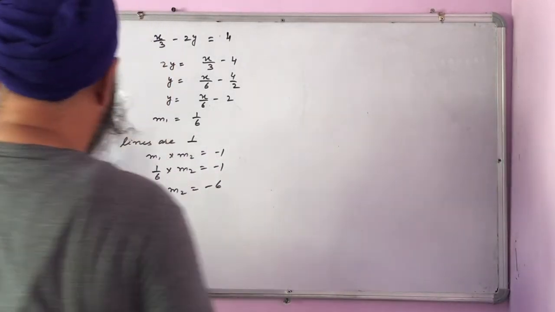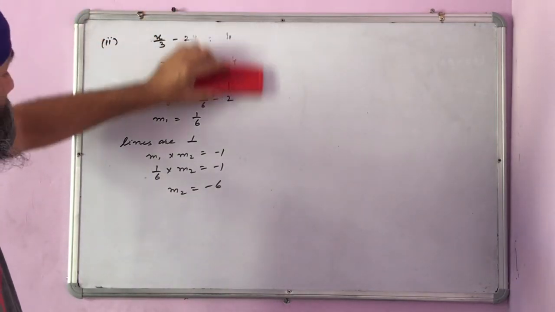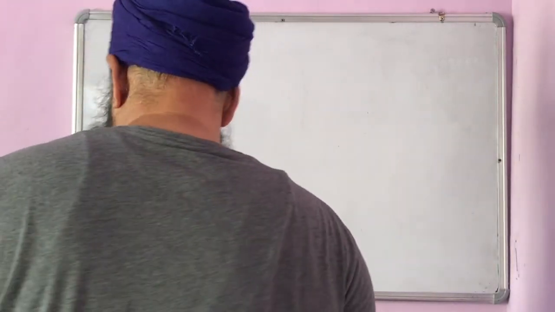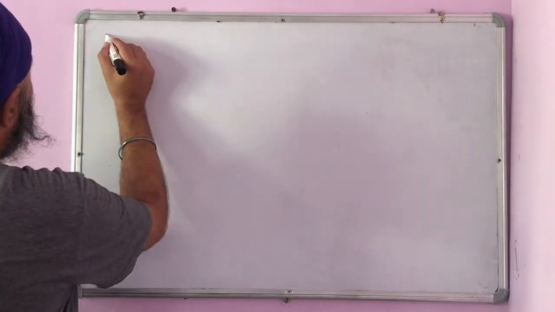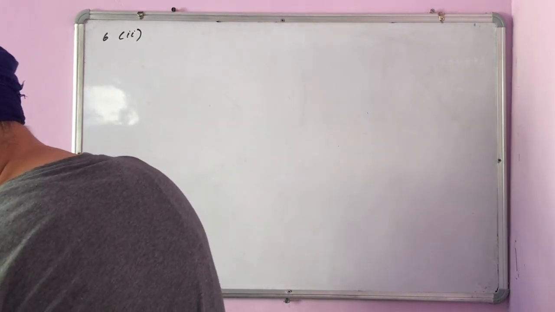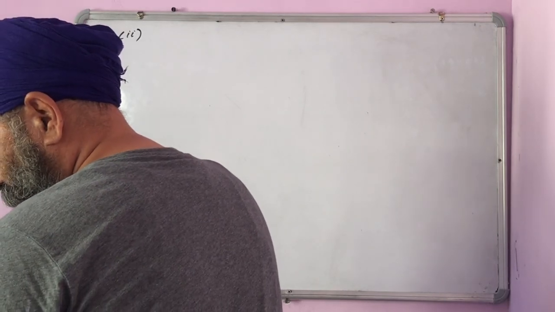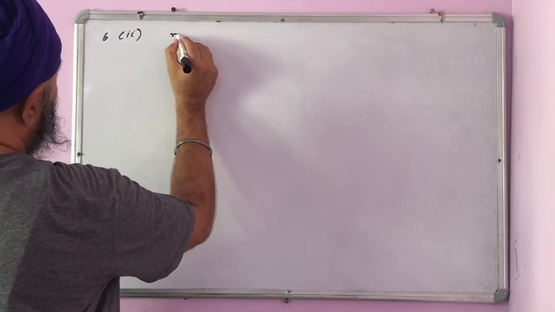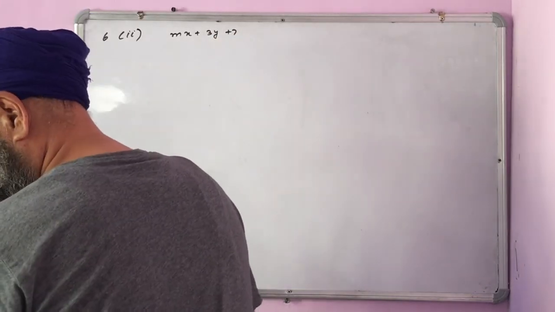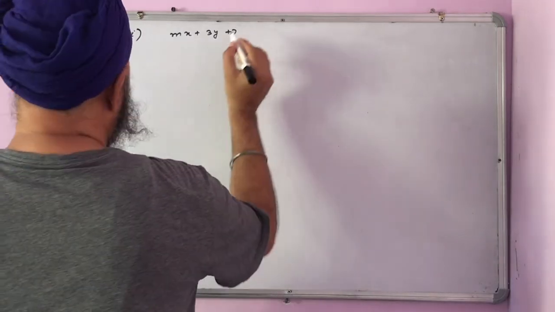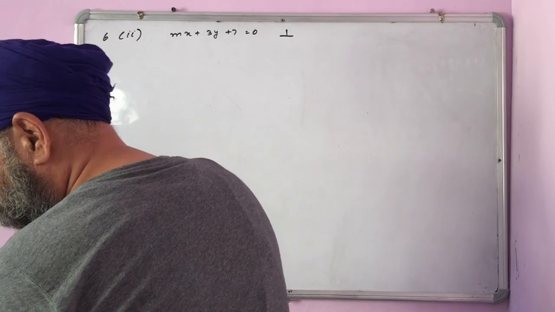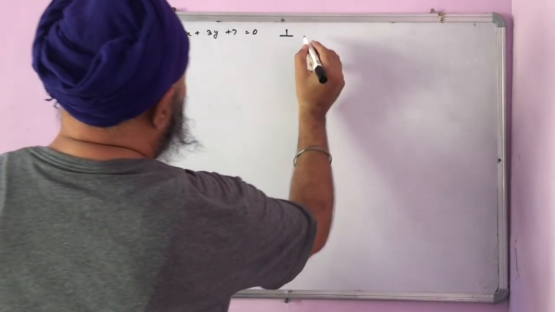Question number 6, part 2. Line mx plus 3y plus 7 equal to 0 is perpendicular to 5x minus ny minus 3 equal to 0.